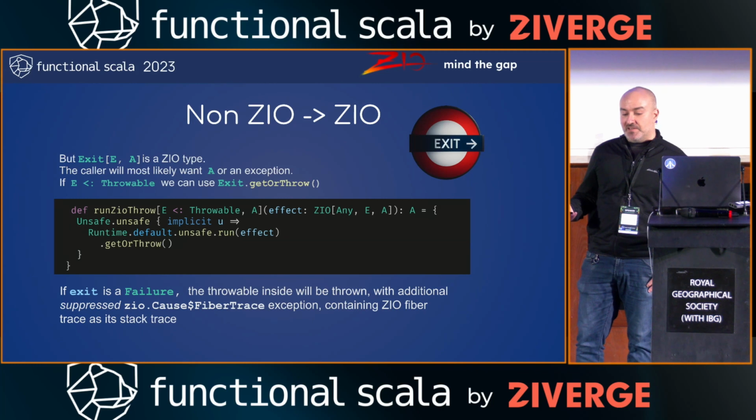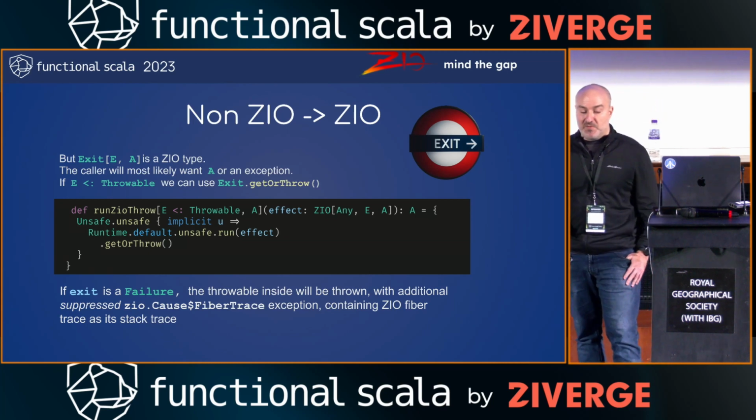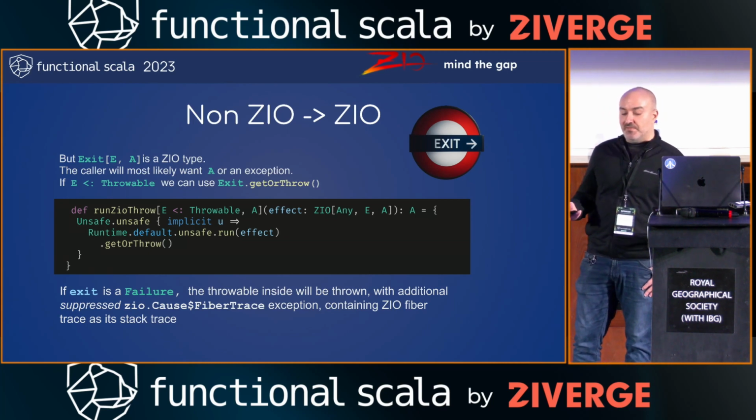So if our effect's error type is throwable, we can use this nifty get or throw method, which, in case the exit is a failure, will even attach the ZIO fiber trace, a special stack trace that ZIO maintains, to your regular exception that has been thrown somewhere in your ZIO effect or computation, and we'll see a little bit about it later.